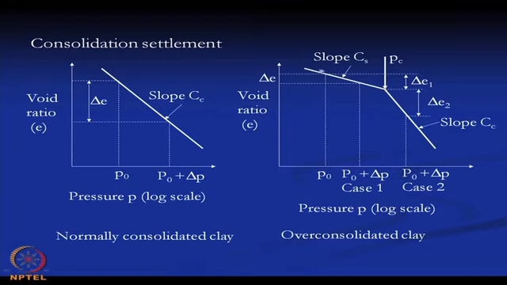Then there are two parts: one is this one whose slope will give us the Cc, compression index, and another is the part before this Pc value, that is the Cs. Here also P0 plus del P, there will be del e1 and del e2. So basically we have two different portions.